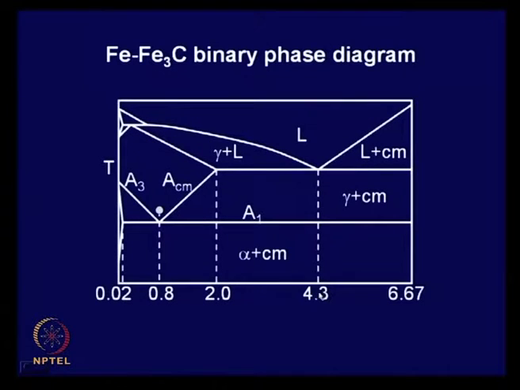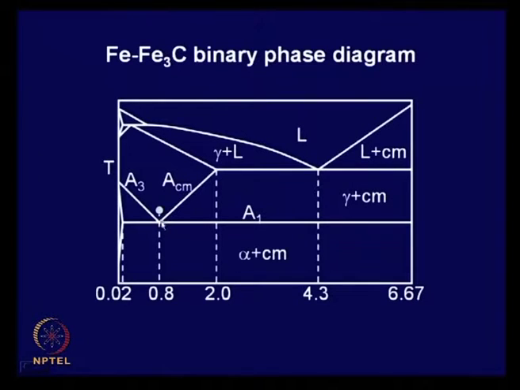Now, let us look at the structure of this eutectoid steel critically. Last class we looked at that if you cool a steel from this austenitic region which has a carbon content around 0.8, this is the eutectoid point.